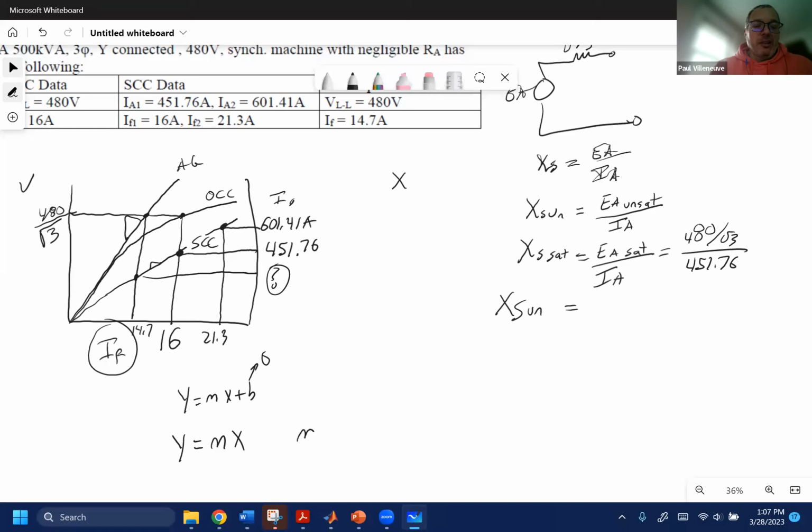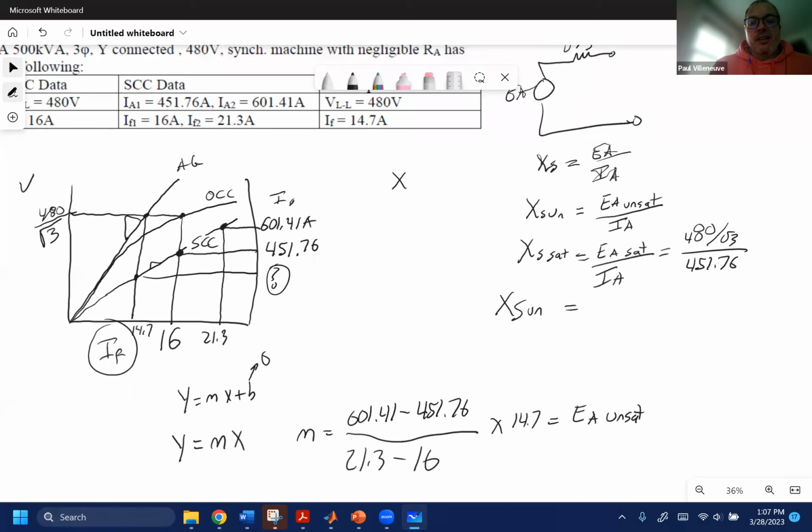The slope is 601.41 minus 451.76, the rise, over the run, 21.3 minus 16. Then when I multiply that by 14.7, I get a value of EA that is unsaturated. And then my EA unsaturated divided by my 14.7 is the answer I'm looking for.